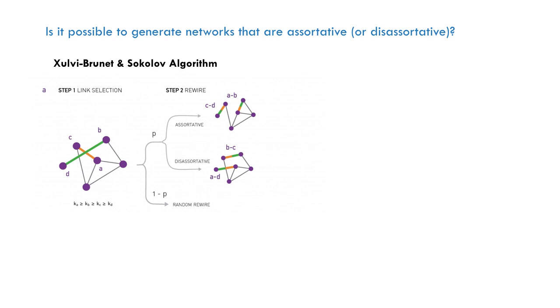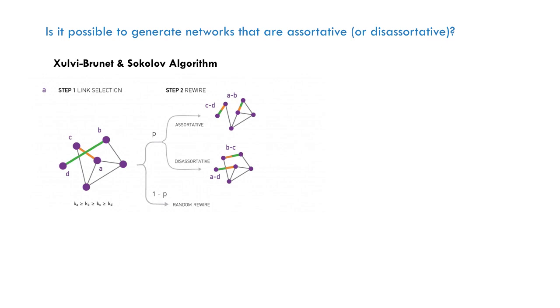Let's say p is 0.25. If our random number generator gives a number between 0 and 0.25, then we do the normal assortative or disassortative rewiring process. But if we get a value greater than 0.25, then we instead do the random rewiring.